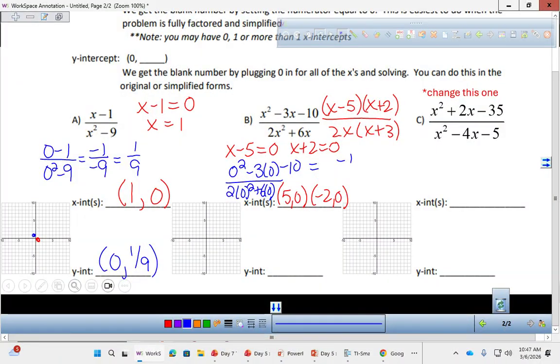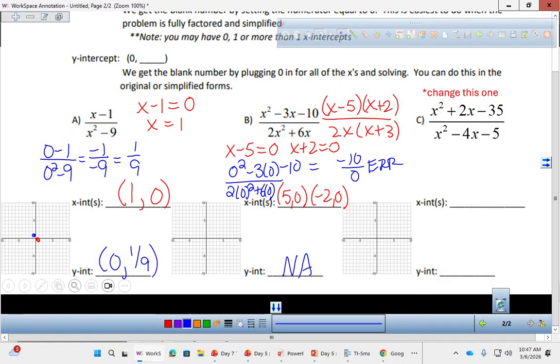You ultimately end up with negative 10 over 0. And if you type that in your calculator, you're going to get an error, which means that this graph does not cross the y-axis. What do you think it means if the graph doesn't cross the y-axis? Why wouldn't a graph cross the y-axis?